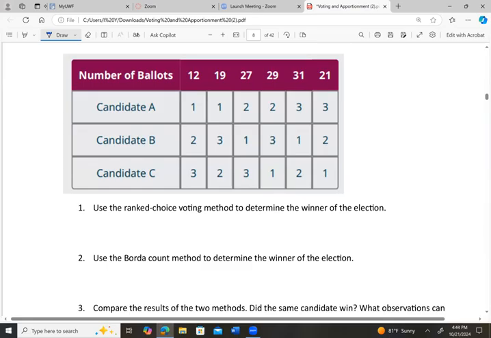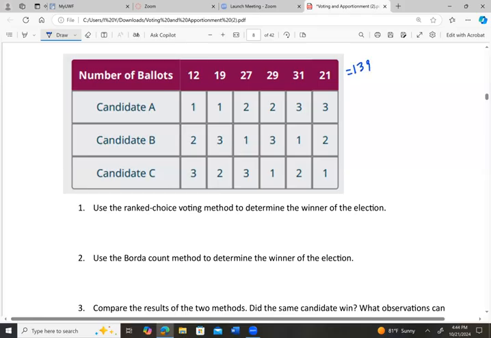So, use the ranked choice voting method to determine the winner. For ranked choice voting, we need to add this all up, and I get 139.